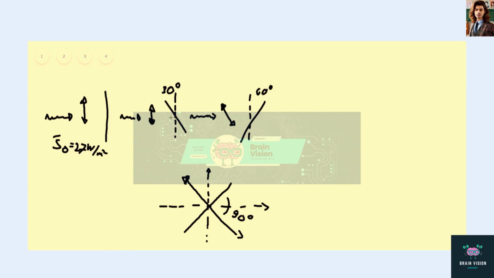Now, as it goes through the second one, it's going to be polarized at 30 degrees counterclockwise to the horizontal direction, which means that when it comes onto this new polarization axis that is rotated 60 degrees clockwise with respect to the vertical, it's actually going to be making a 90-degree angle with the current polarization. And so again, the resultant intensity is going to be 0 watts per meter squared. So that's the answer to the third part.